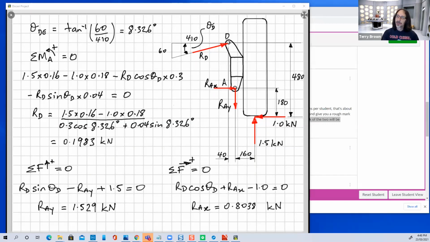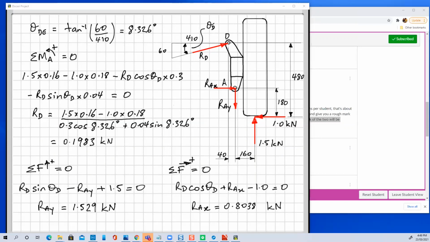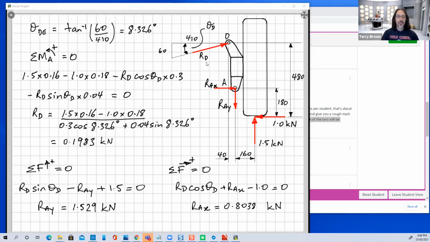So at one of the locations where you have unknowns, you'll know a direction. And then at the other location, you'll have 2 components like this. So nearly always, the best thing to do is to take moments about the point where you've got these 2 unknowns. Yeah, I see what you're saying. Because that way RD can be found straight away.